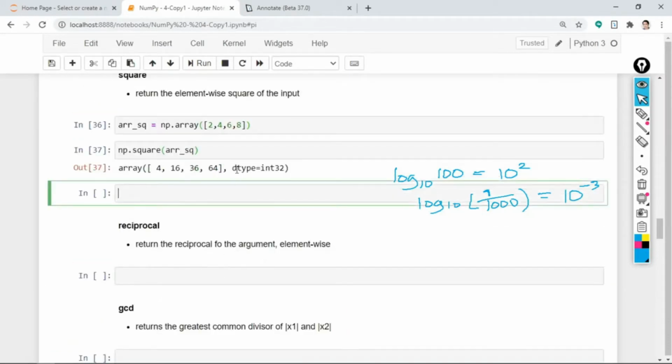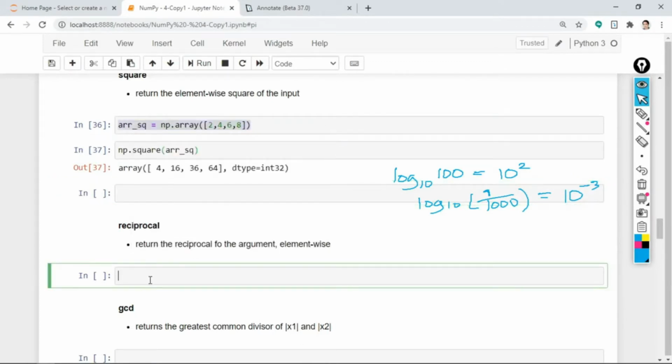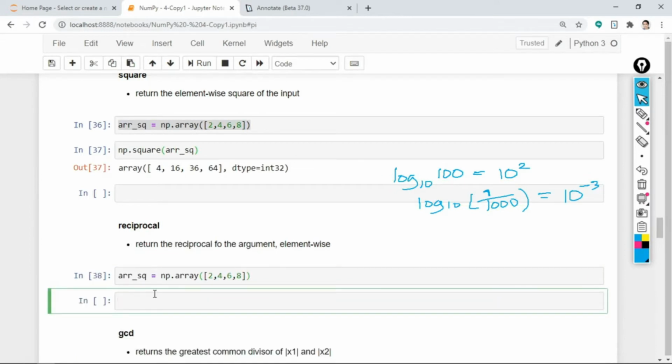Also, we have the reciprocal, but I will use this one again. So we have the reciprocal of a number. Let's say np.reciprocal of the array sq.